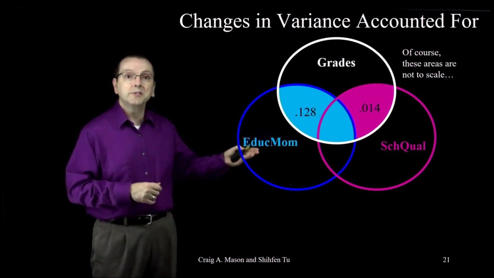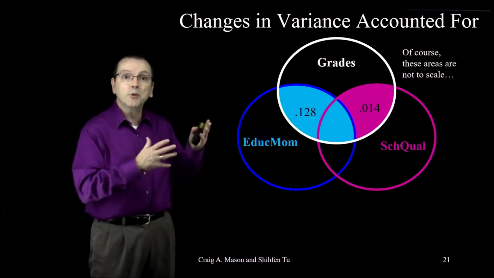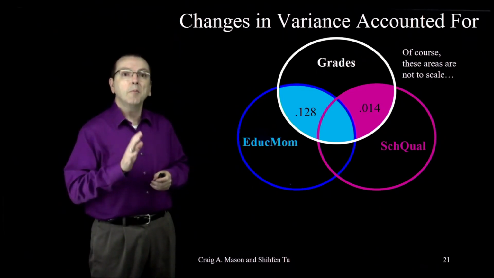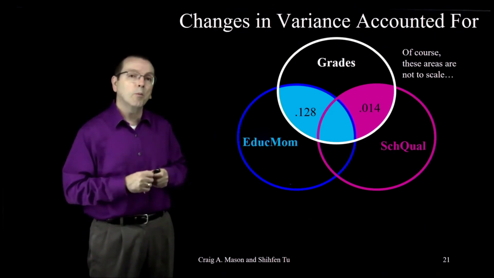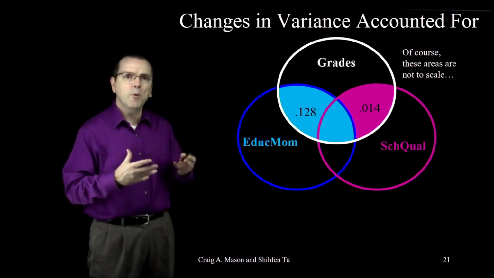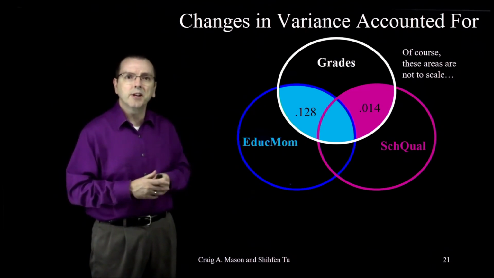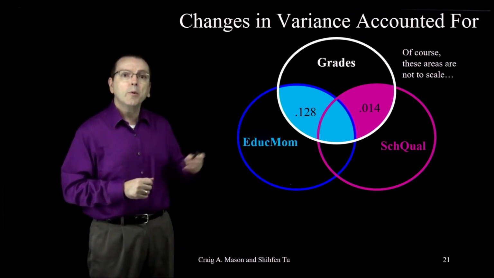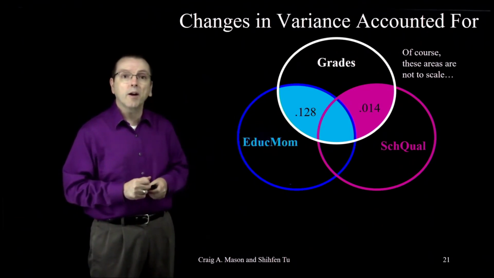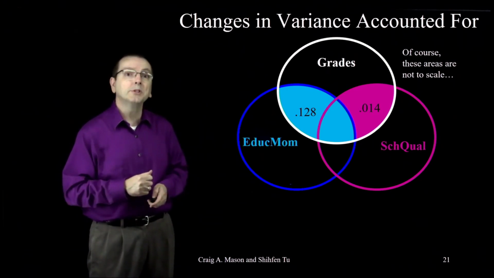Here are both mother's education and school quality as predictors of grades. In Model 1, we only had mother's education with an R-squared of 0.128, or 12.8% of the variance in grades was related to mother's education. And now we've added school quality, which increases that R-squared by 0.014, or 1.4%.